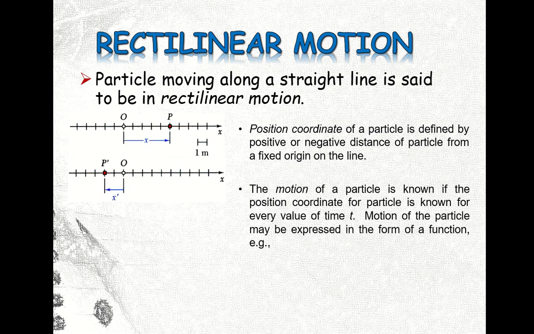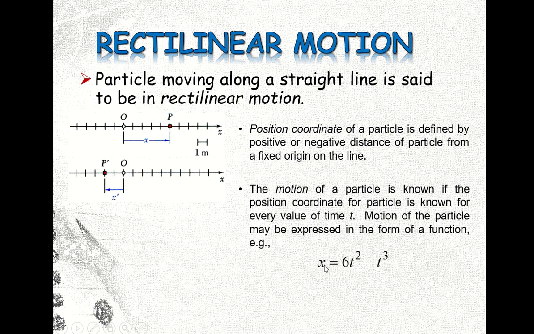The motion of a particle is known if the position coordinate is known for every value of time t. So the motion of a particle may be expressed in the form of a function. For example, x equal to 6t squared minus t cubed. In our previous video, we used s on the left side, where s is the position.